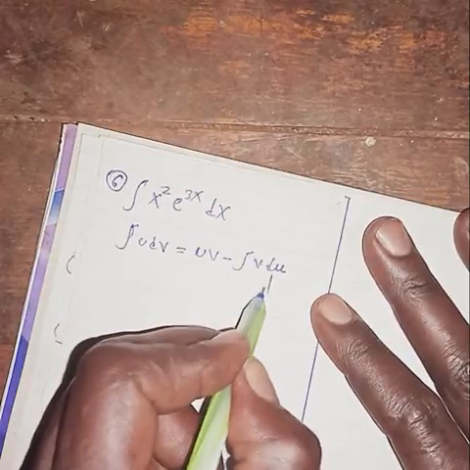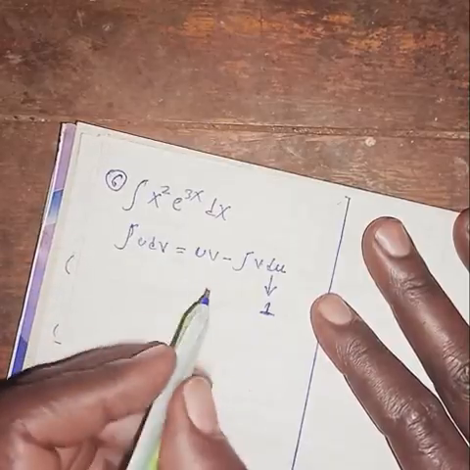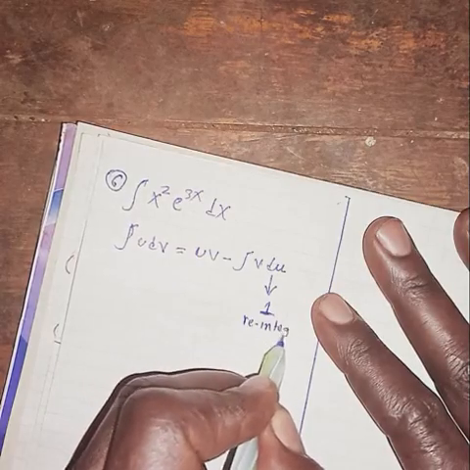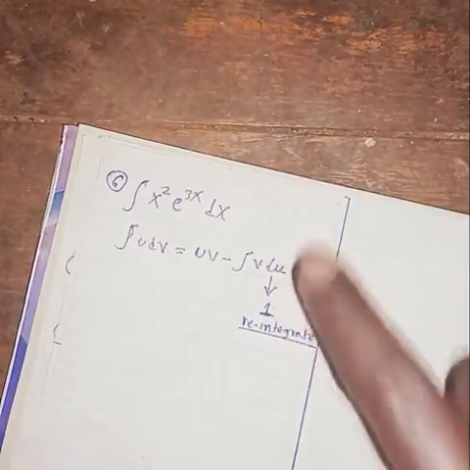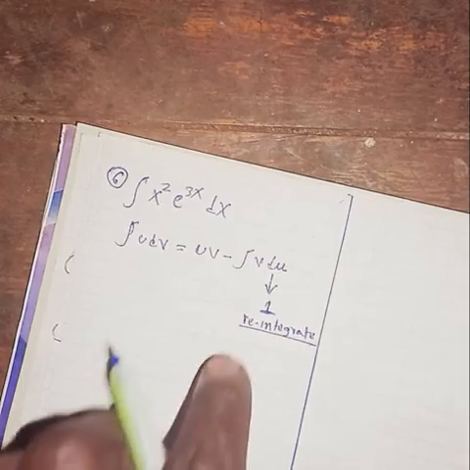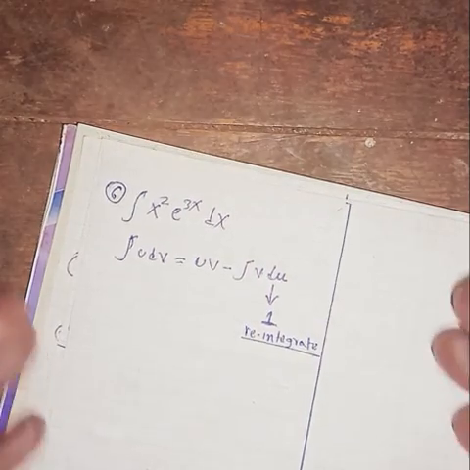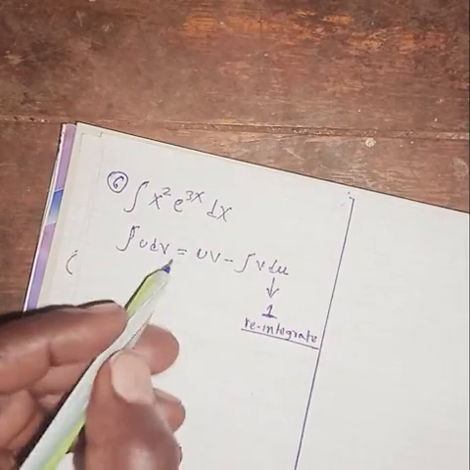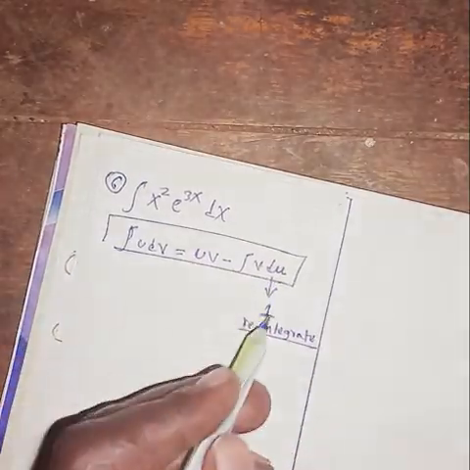Unless this du remains 1, you will have to reintegrate. Hope you are getting me. Unless du remains 1, you will have to reapply the integration by parts formula until you get du to be 1.